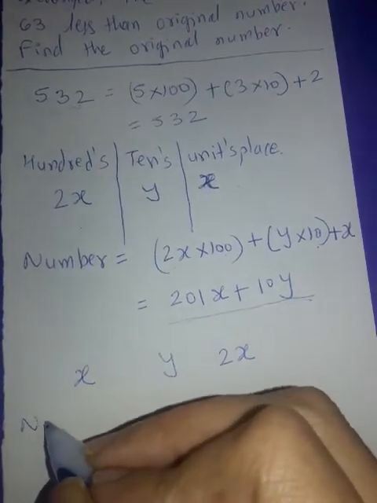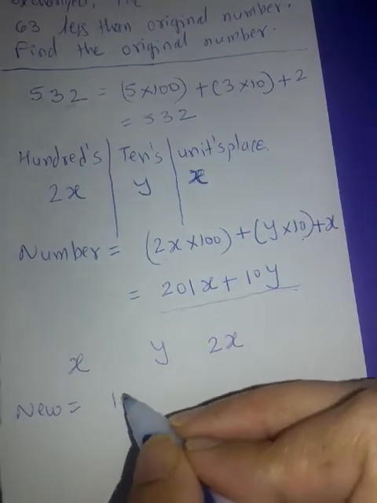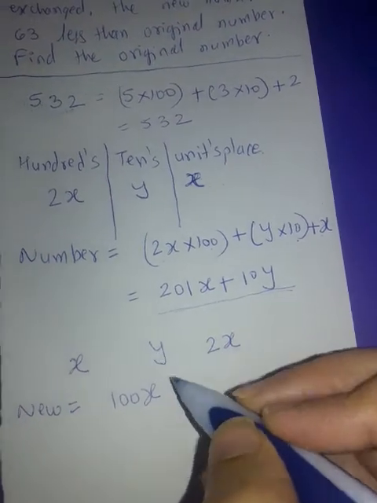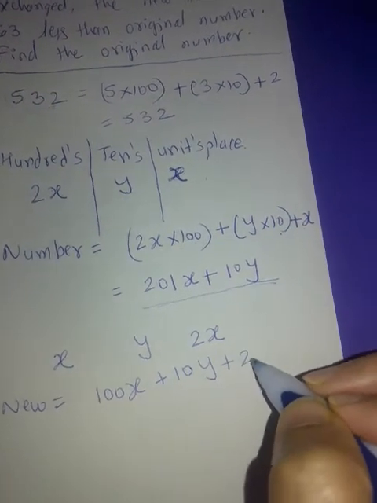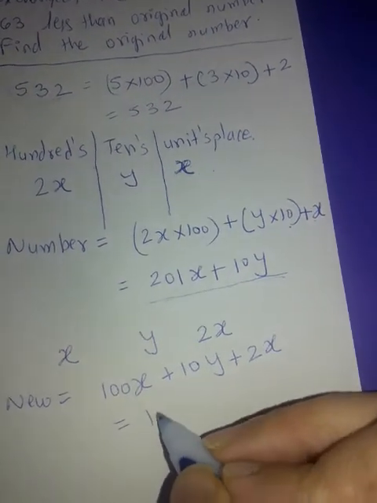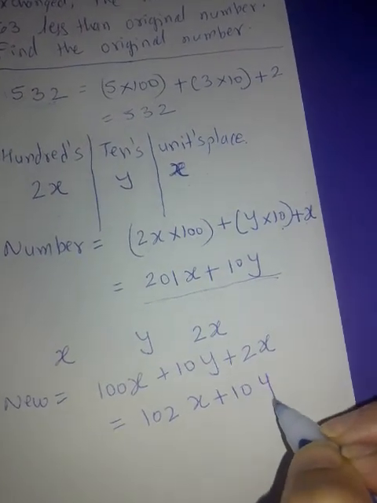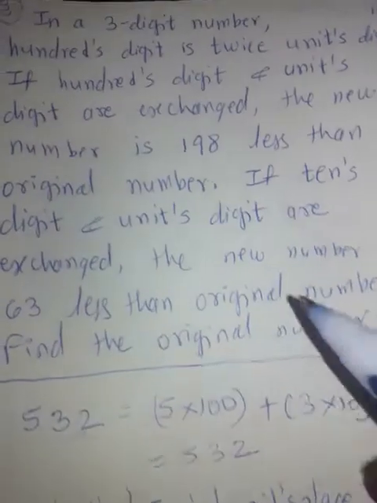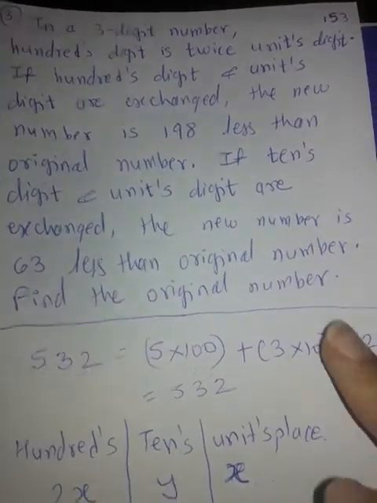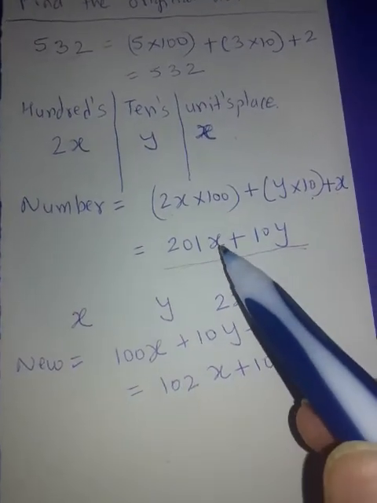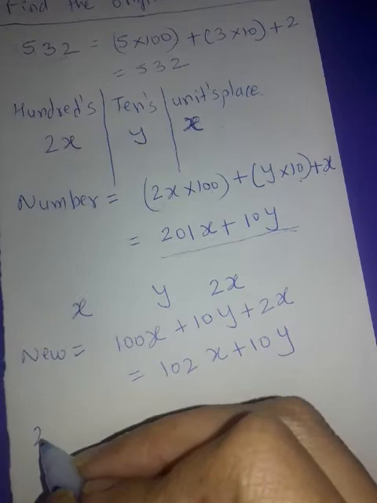So what is this new number formed? Multiply this by 100, this by 10 because it is tens place, and add units digit. So this is 102x plus 10y, and they are saying the new number is 198 less than original. So this minus this is 198, that is given to us.